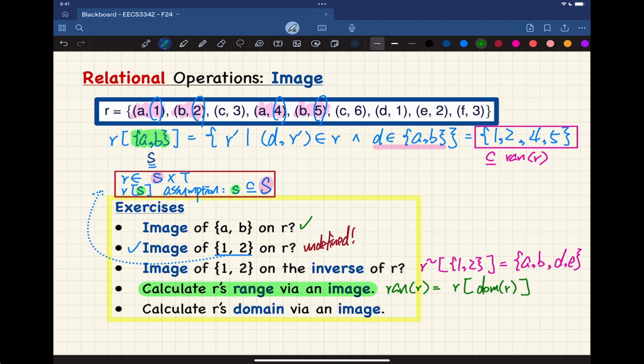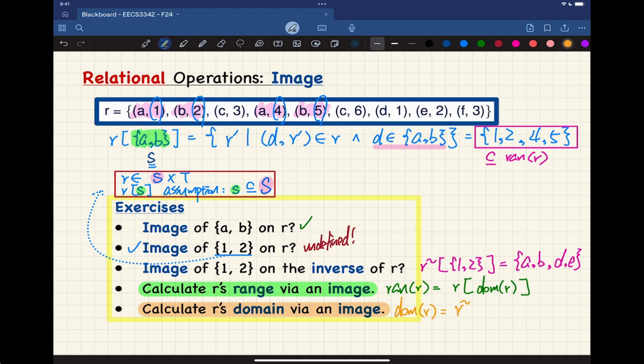All right, similarly, how do we calculate the domain by some image? I'll give that to you. You can think about it. So we will say the domain of R, because the image is only going to give you the range, so maybe you want to inverse it, right? How do we do that? R inverse.